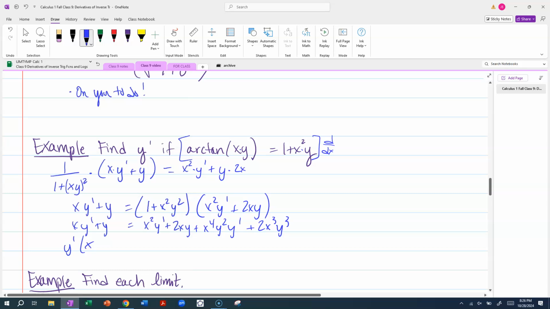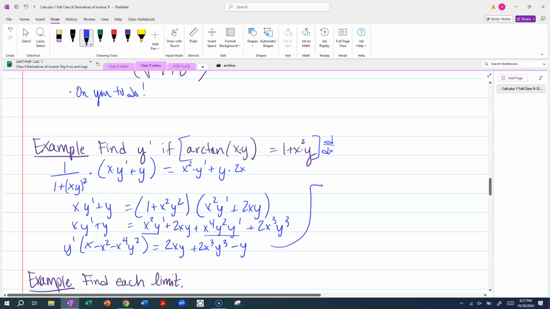So I'd have x, move, let's see, these first, that term and that term over. So I'd have minus x squared minus x to the fourth y squared is equal to 2xy plus 2x cubed y cubed minus y.